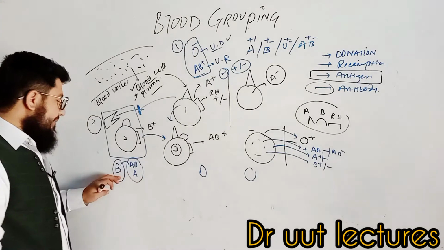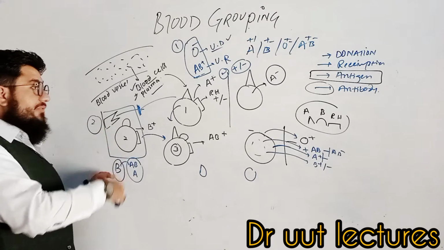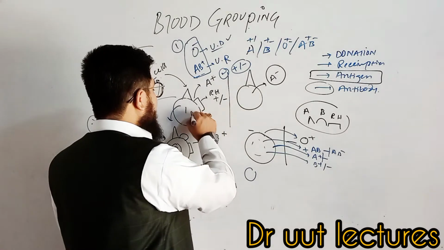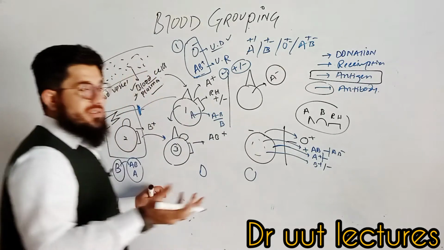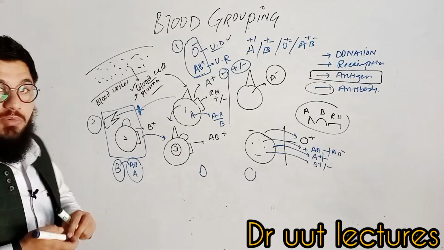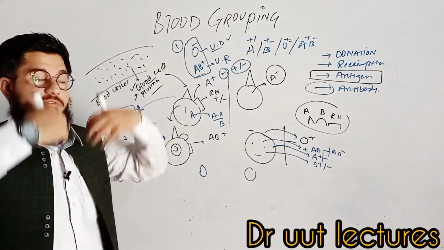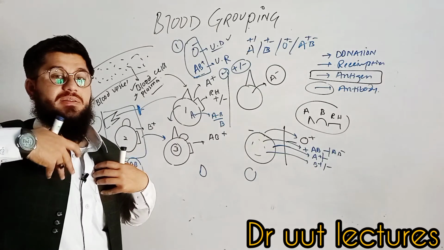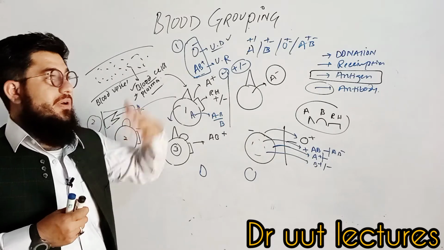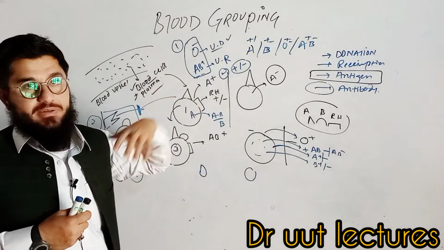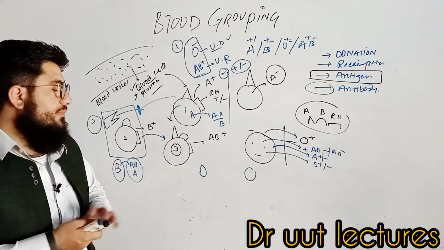If I have blood group B, I have antibodies A, and if I have blood group A, I will have antibodies B. Why? Because I told you that antibodies are against the particular group that I have. I have B, antibodies will be A, against my blood group. What for? In order to stop the foreign type of blood, or whatever antigen is coming to my body, from entering.